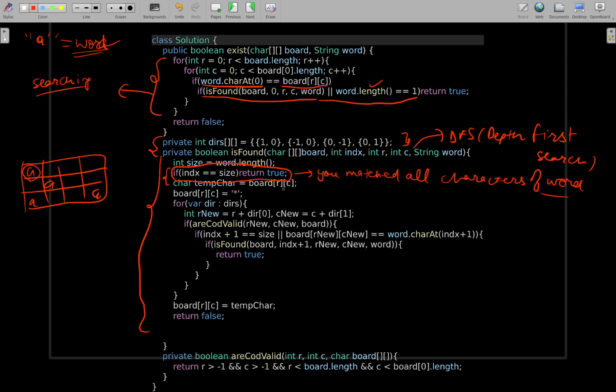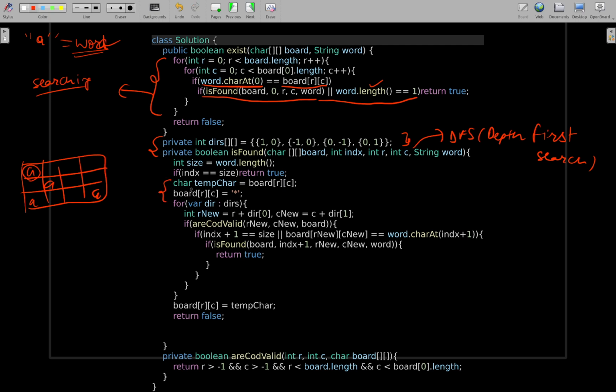And then the backtracking part comes into the picture, and here we are essentially avoiding revisiting the same cell. We are temporarily marking the current cell with a star.